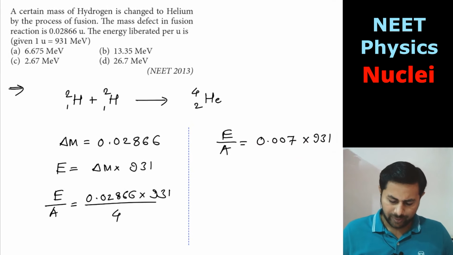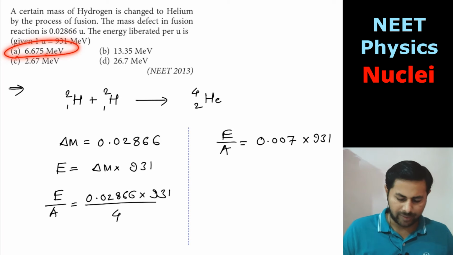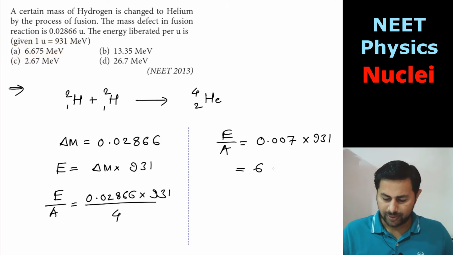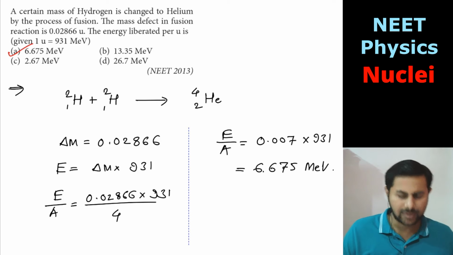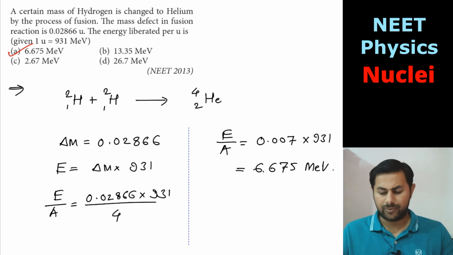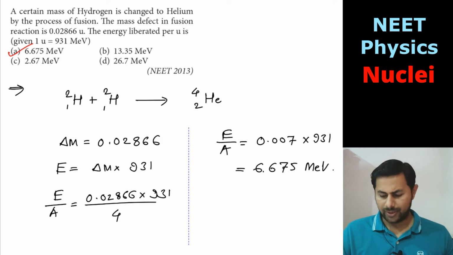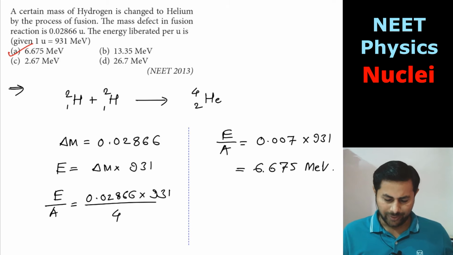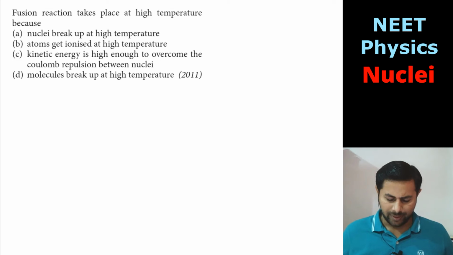So 6.675 mega electron volts. This is clear, everyone? There is nothing in this question, right? Good. Let's see the next one.